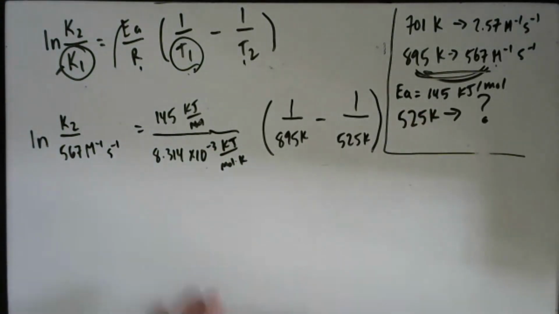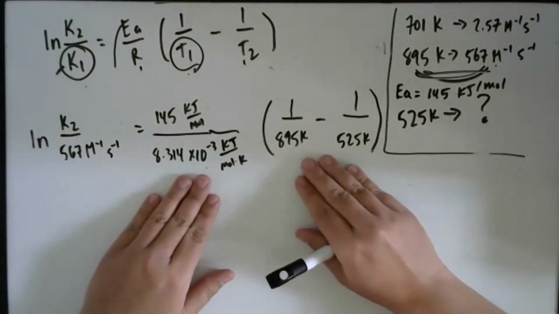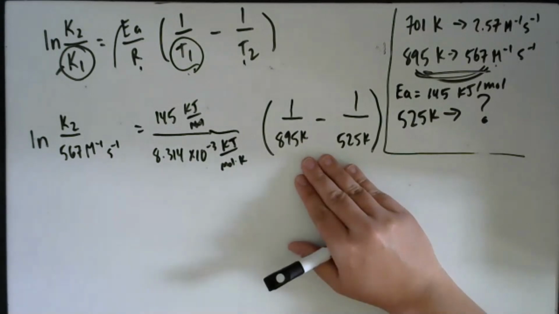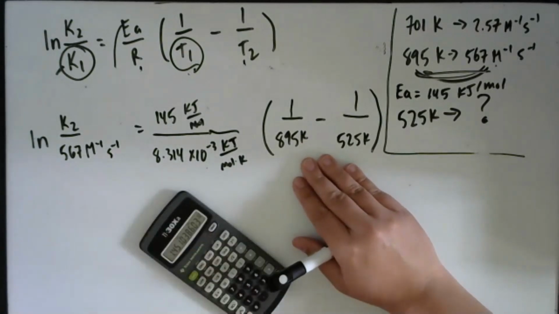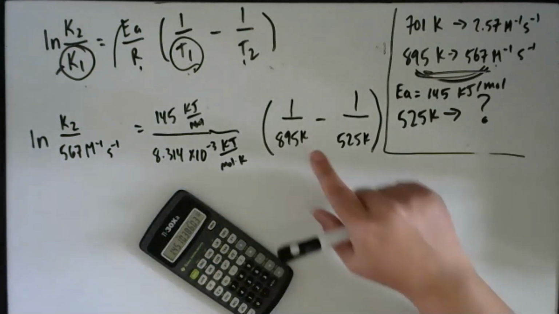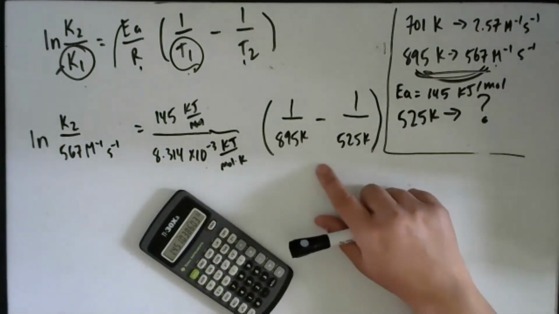Okay. When you have everything filled in on the right side of your Arrhenius equation like we have here, I'd recommend getting good at putting it all into your calculator without writing it down separately. So take your parentheses here.